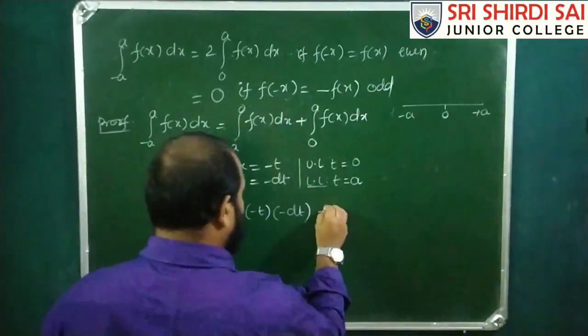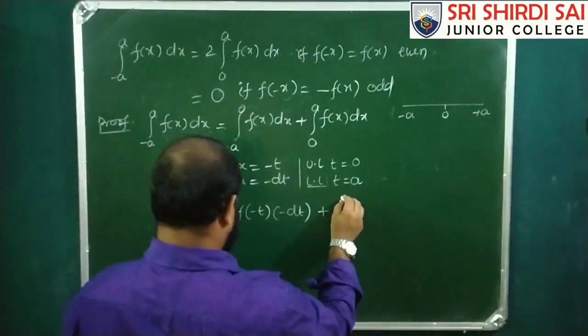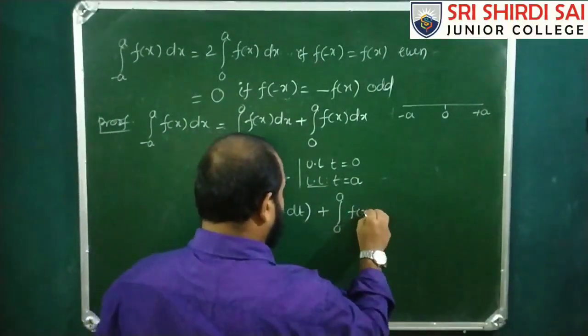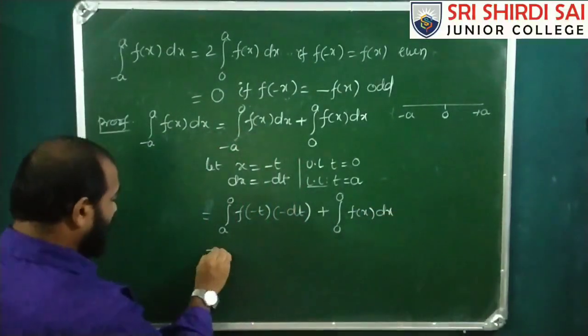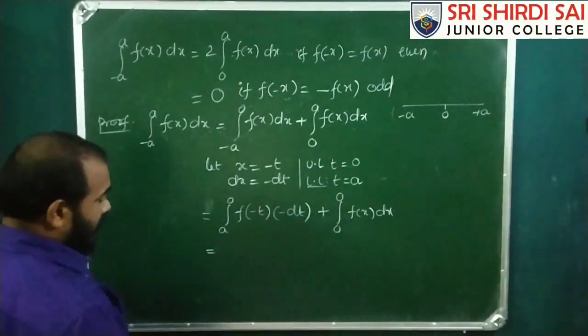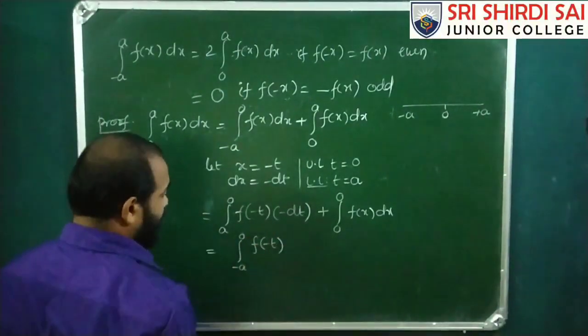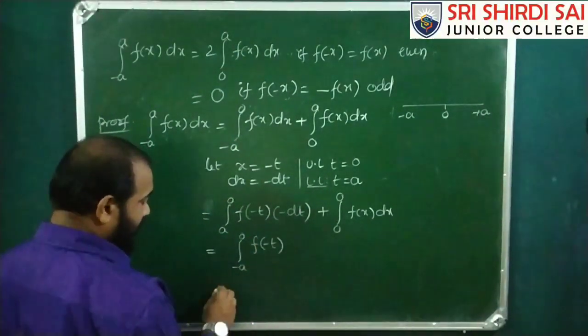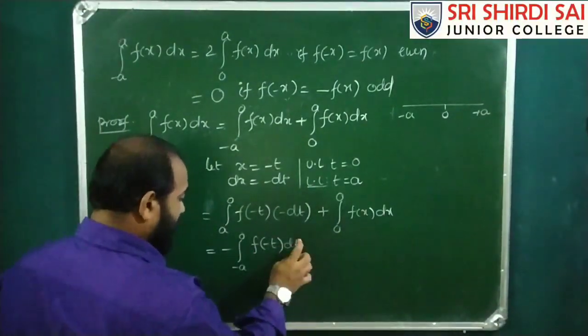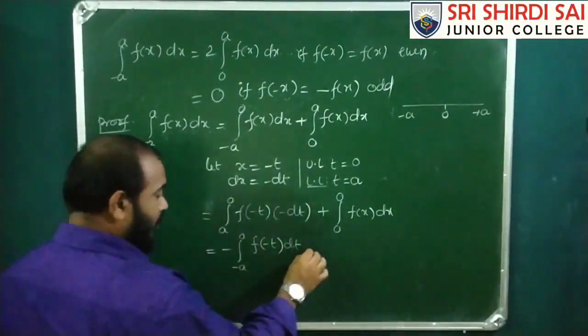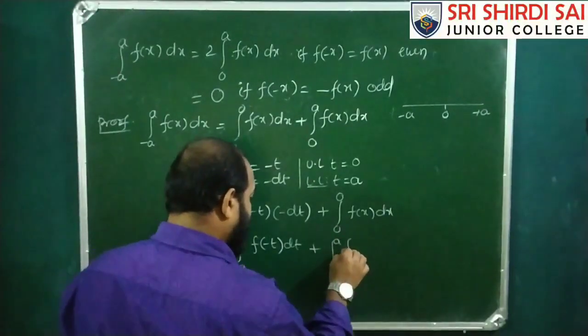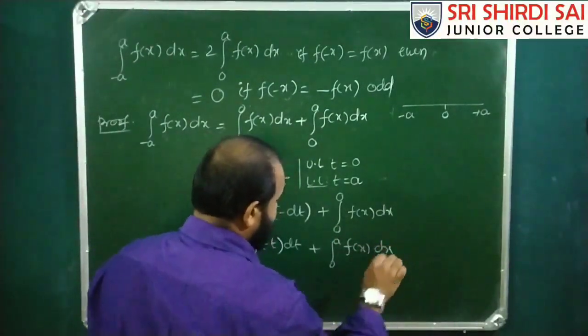plus 0 to a f(x) dx. This is equal to minus a to 0 f(minus t), this minus dt, minus I have written outside, plus 0 to a f(x) dx.